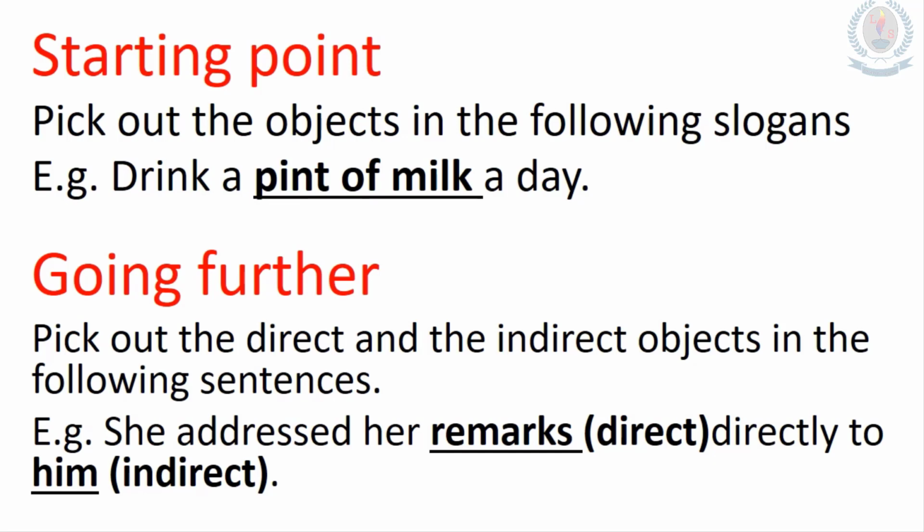Address is the verb. Address what? Remarks. The verb is giving the answer, remarks. Then remarks is the direct object. The other object, him, is the indirect object.